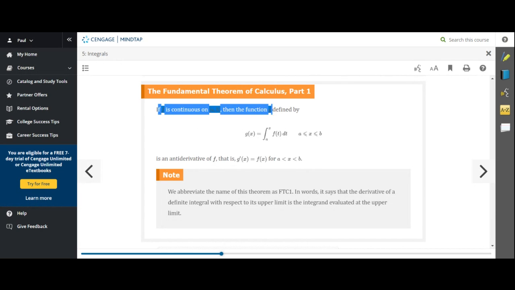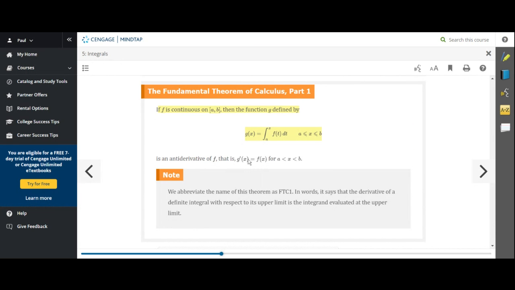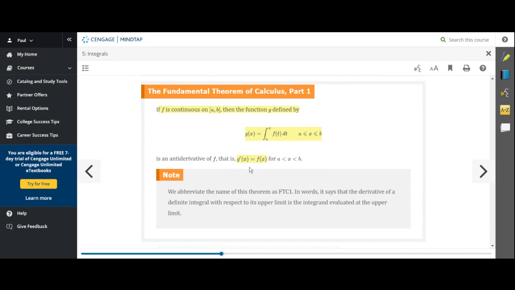It says that if you have a continuous function over an interval, then if you define a function g of x as the integral from a to x of f of t dt, and you might wonder, well, why is that integral a function of x? I'm going to show you why. But if that's the case, then g prime of x is going to equal the function f of x.